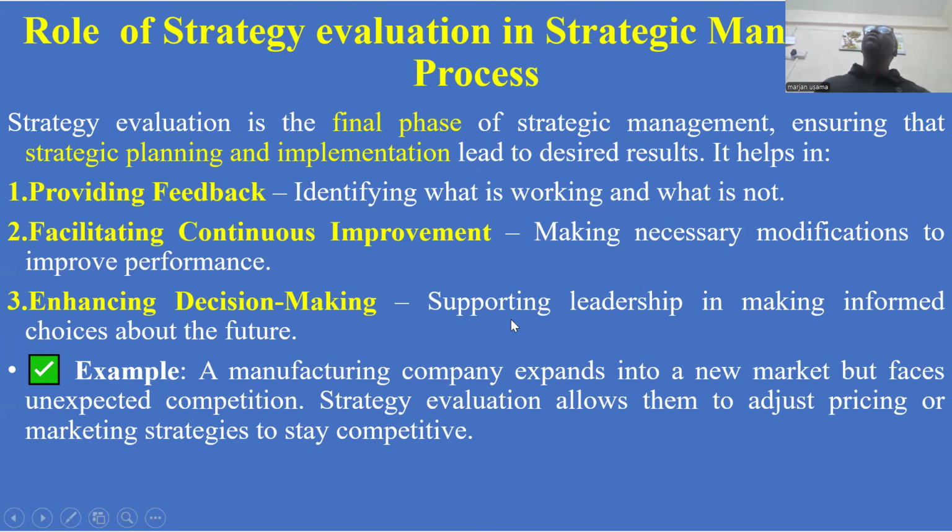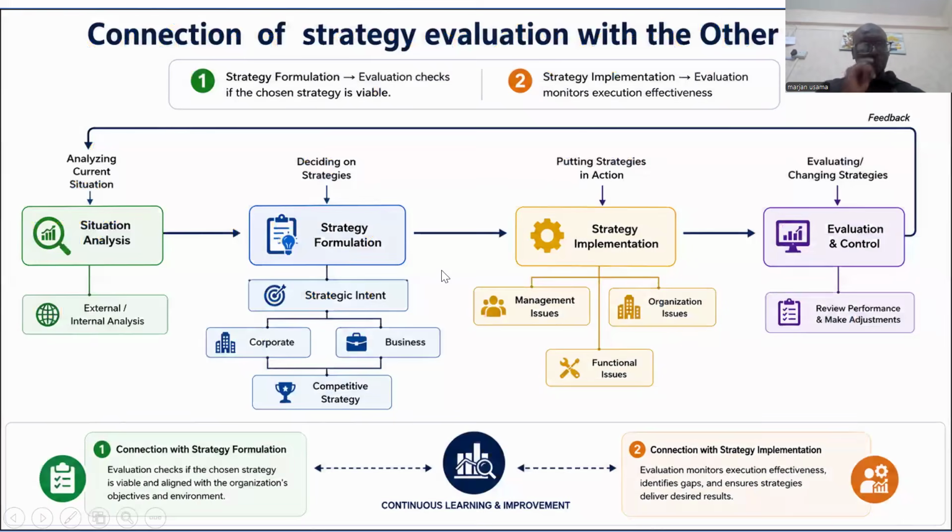So the process of evaluation supports the leadership of the organization in making informed choices about the future. So it helps in decision making. Why? Because we get to understand what is working and what is not working. And this information helps us as an organization to move to the next level.